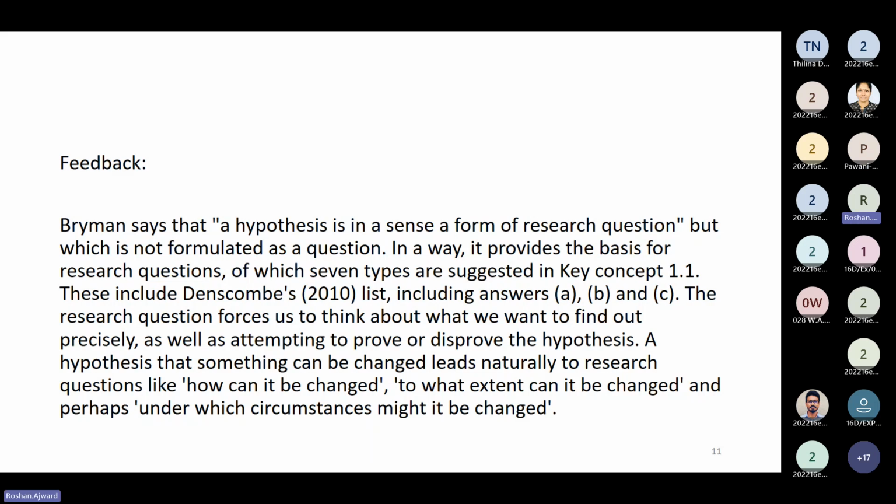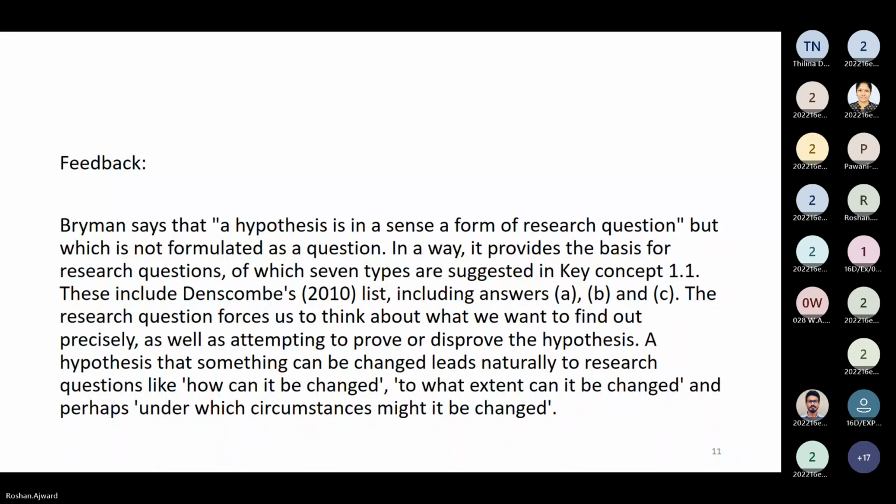The research question forces us to think about what we want to find out precisely, as well as attempt to prove or disprove the hypothesis. A hypothesis that something can be changed leads naturally to research questions like: how can it be changed? To what extent can it be changed? And perhaps under which circumstances might it be changed?